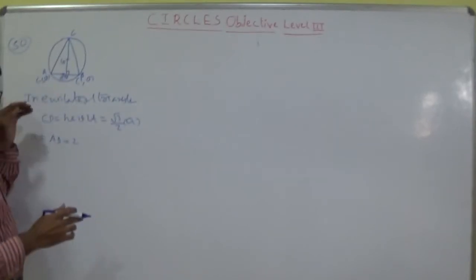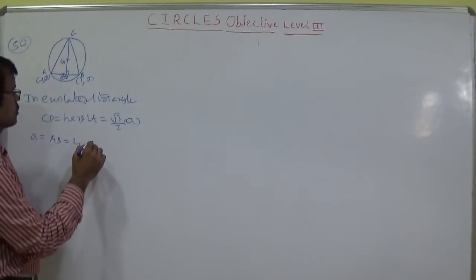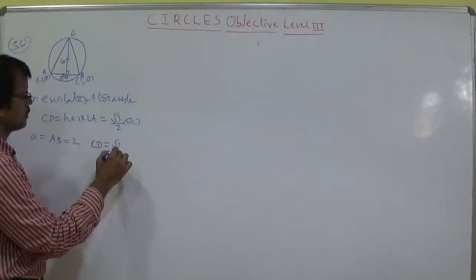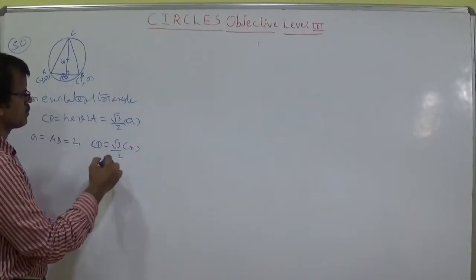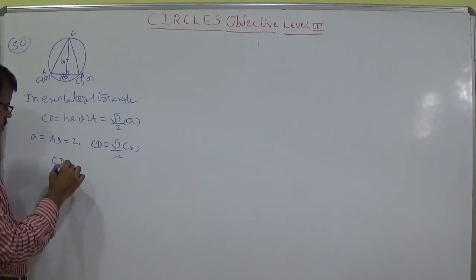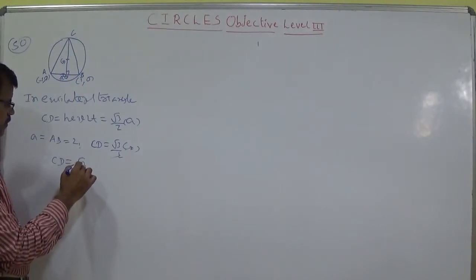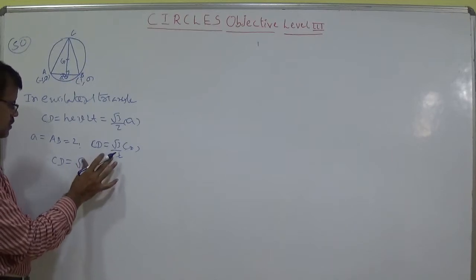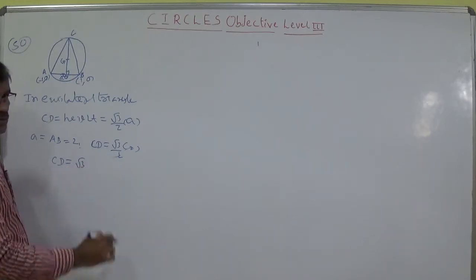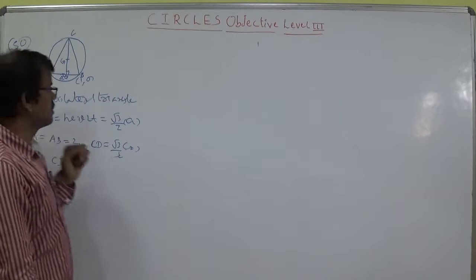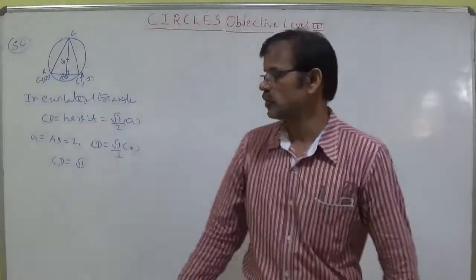The distance between A and B is 2. So CD is equal to root 3 by 2 into 2, the 2 gets cancelled. CD is equal to root 3. We know that centroid, orthocenter, circumcenter and everything is the same in an equilateral triangle. G is the centroid.